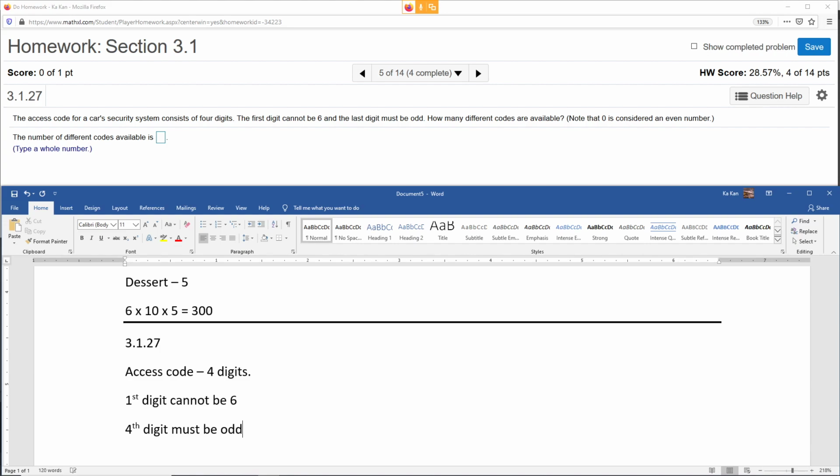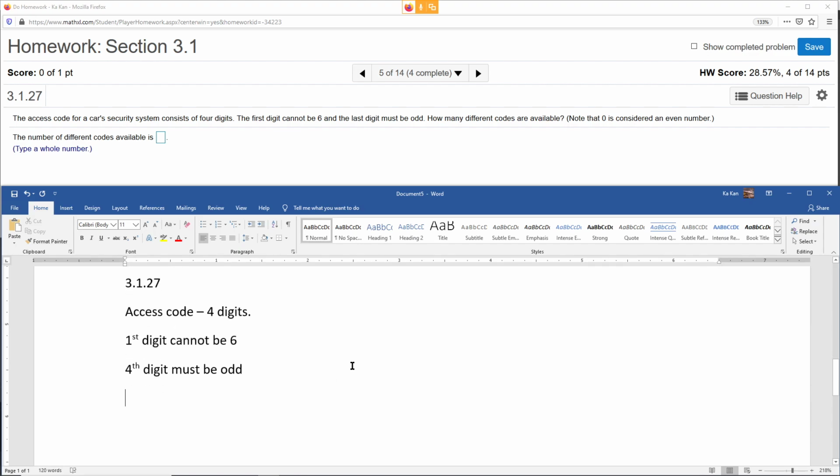So the question is, how many different choices do we have to make up this particular access code? Kind of like an ATM pin code, except we have a little bit more stipulations. So now let's see. I have 4 digits to choose from. The first digit cannot be 6.